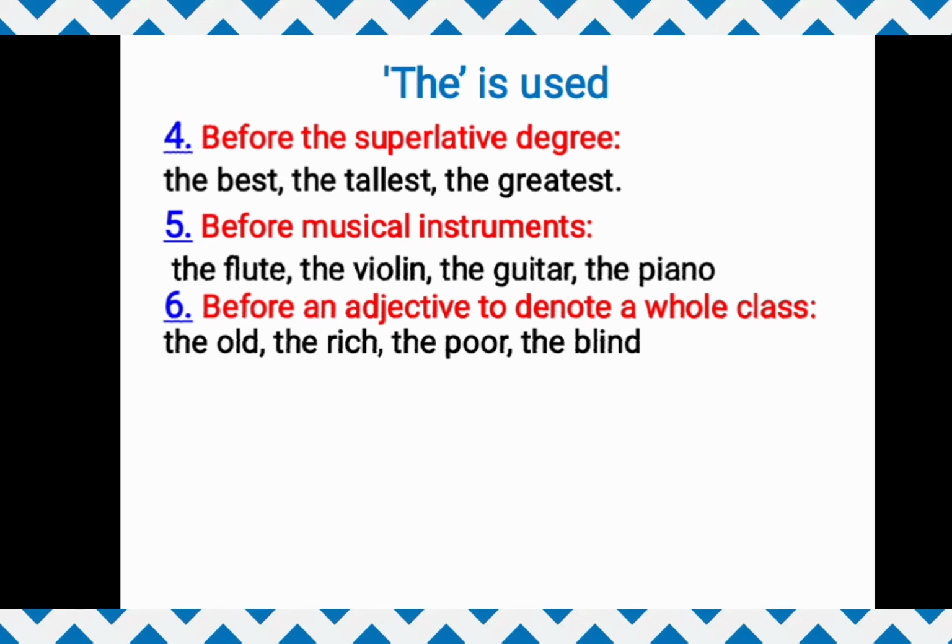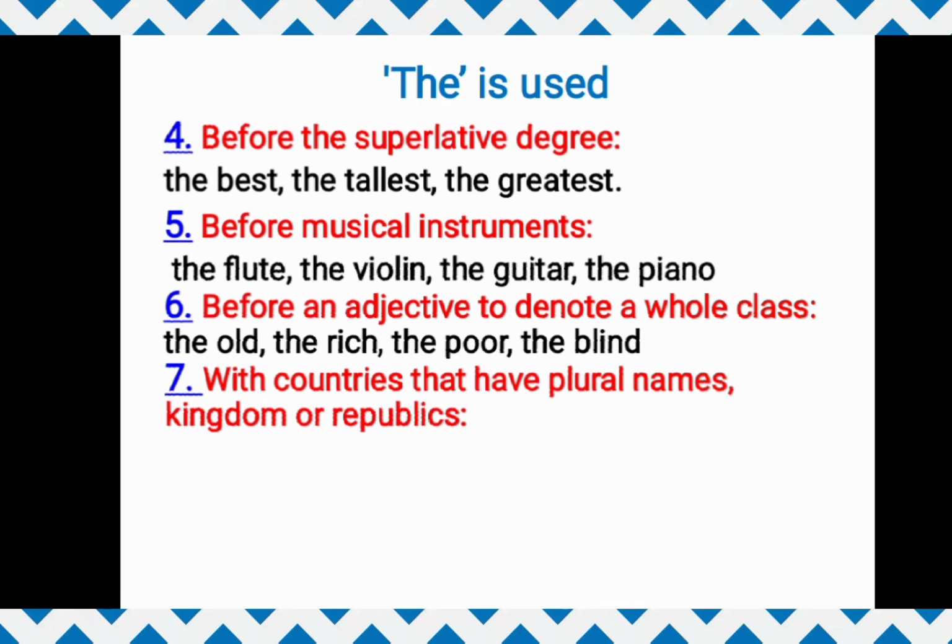So we use the definite article "the" before an adjective to denote a whole class. These words are adjectives as well, like old, rich, poor, blind. That is the sixth rule and sixth usage of the definite article "the."